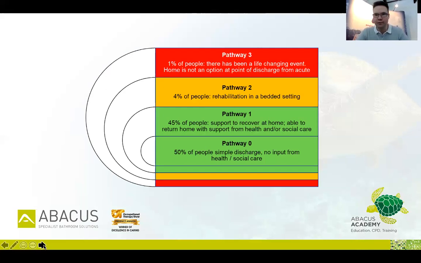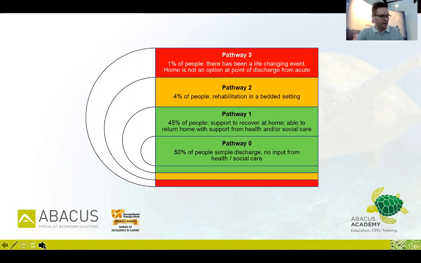So it's really important that current inpatient rehabilitation settings are resourced effectively to allow that to continue to happen. It is not saying that within discharge to assess, people can't stay in hospital for the right reasons. Absolutely not. And pathway 3 is 1% of people who had a life-changing event and home isn't an option, and they'll go straight from an acute setting into a more formal care setting.